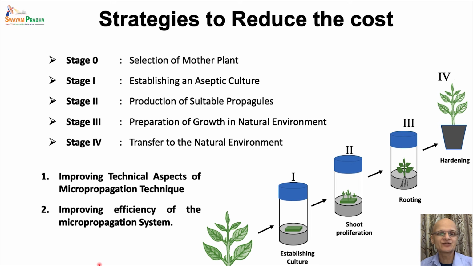And second is to increase or to improve the efficiency of the micropropagation systems. That is, increasing the productivity of the system with the same resources. That means if we can optimize the efficiency of the biological system to produce more product from the same amount of resources, this can also add significantly to the cost reductions for the micropropagation setup.